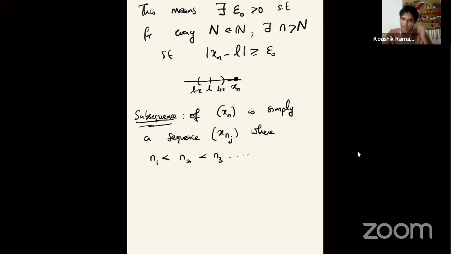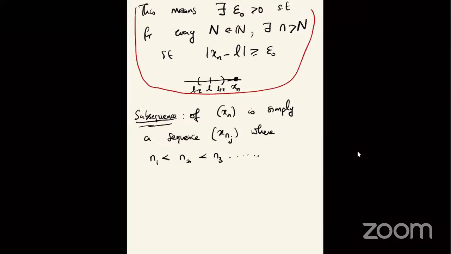Okay, so a subsequence is simply members of the original sequence but picked in the same order as here. So this n1, n2, n3 must be an increasing sequence in natural numbers. Okay, so the same thing, whatever I've written here, in terms of subsequences, what you can say is that.